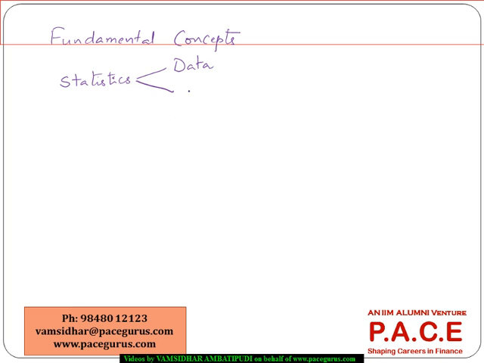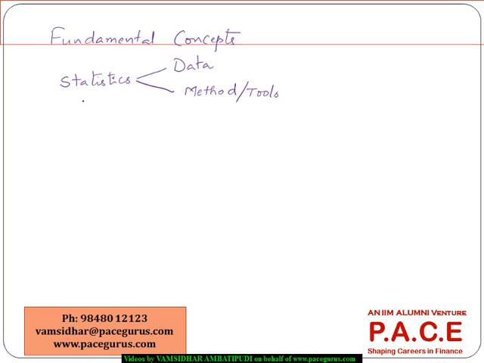Means I have collected the statistics regarding the population of this particular country, which is nothing but I have collected the data regarding the population of this particular country. So sometimes people use the word statistics to mean data, and in most of the cases, statistics means some methods or tools to analyze the data and derive some kind of conclusions out of it.